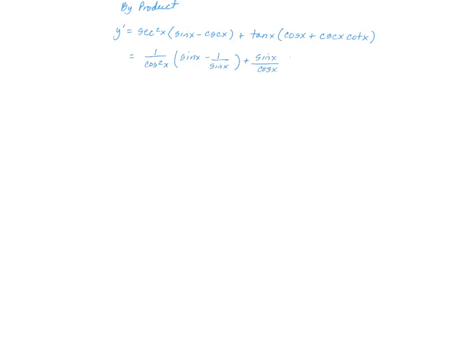And then in the parentheses we have cosine of x plus, so cosecant is 1 over sine and cotangent is cosine over sine.